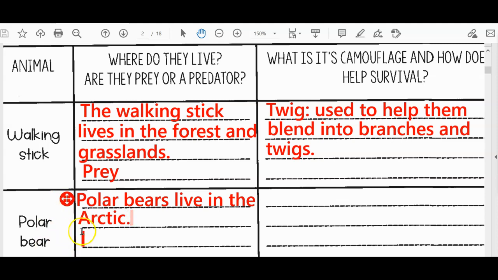Are they predators or prey? Predators. What's his camouflage? Yeah, it looks like a big, huge snowball, right?